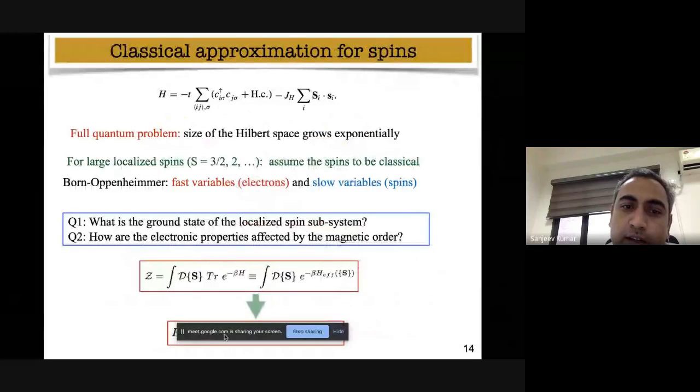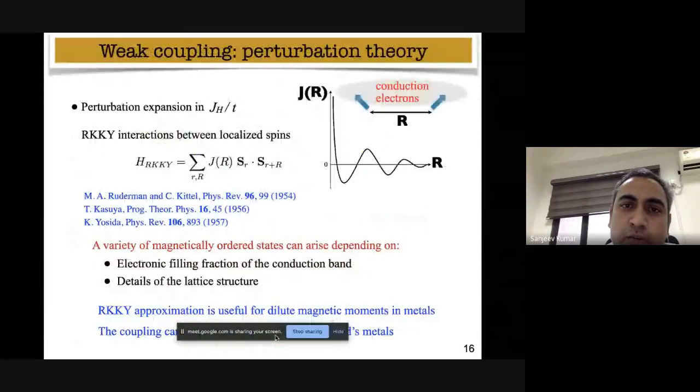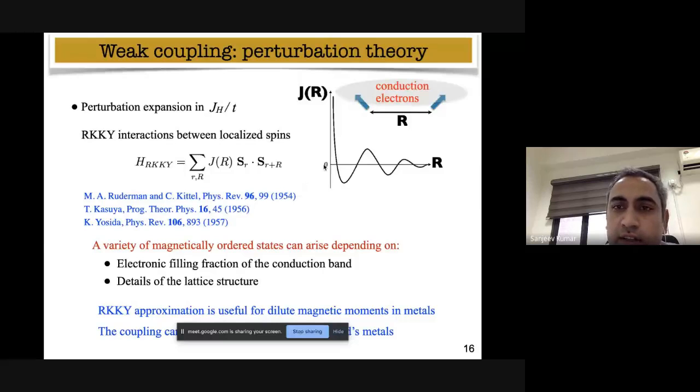So the idea: can we find a closed form expression for this effective Hamiltonian for spins? And one limit of this, for the students' benefit, I can just present this slide, which experts can completely ignore. If you have magnetic moments sitting in a metal, then we know the famous RKKY theory, that the electrons can mediate an effective interaction between those magnetic moments.